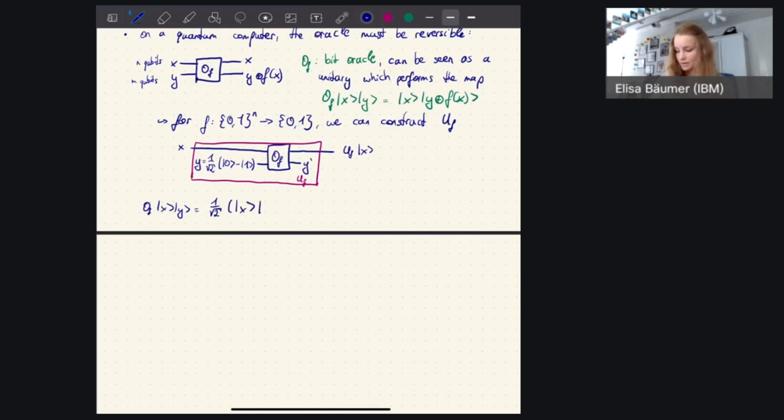As we said, it returns x and y plus f of x. So it returns x, and for the first part of the superposition, it's 0, so we get 0 plus f of x. And in the second part of the superposition, we return x, but then 1 plus f of x.